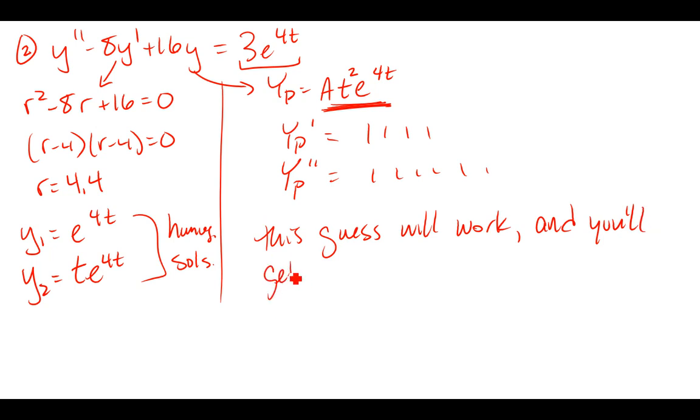And you'll get a value for A. Okay, and then of course that means that this guess is now your one non-homogeneous solution. And so as usual, you'll put the pieces together and say C1y1 plus C2y2 plus the one particular non-homogeneous solution that you will have found. Okay? So it will work, right?